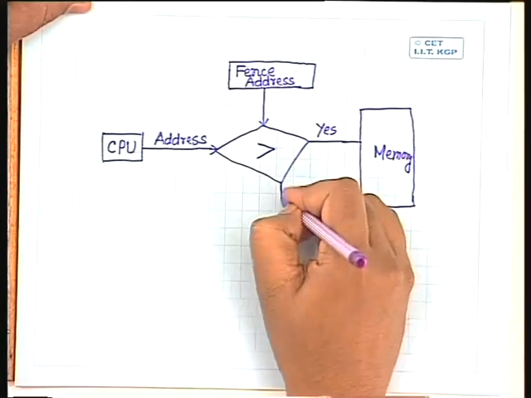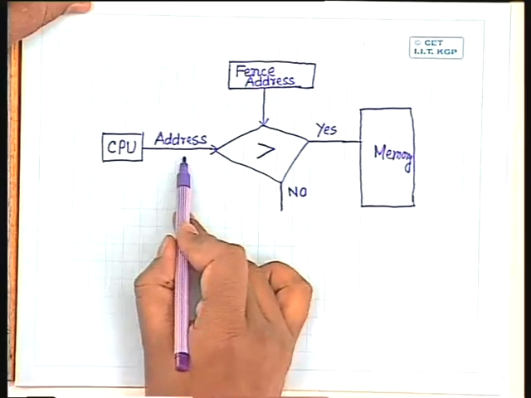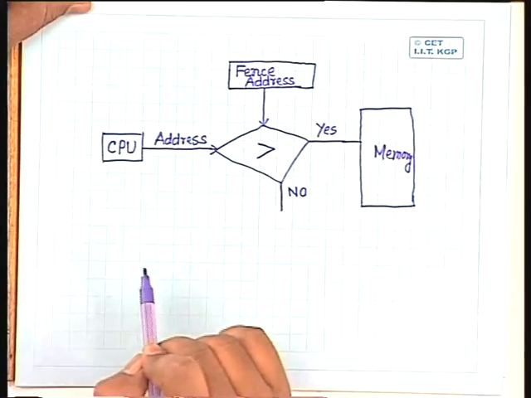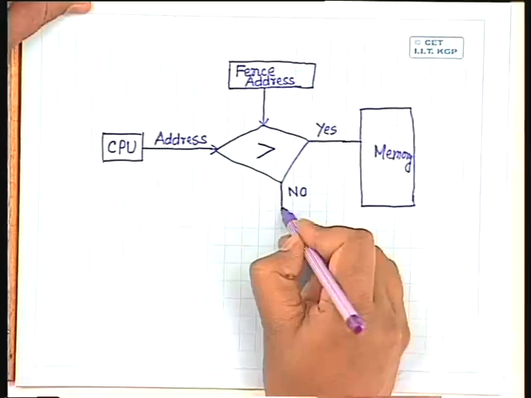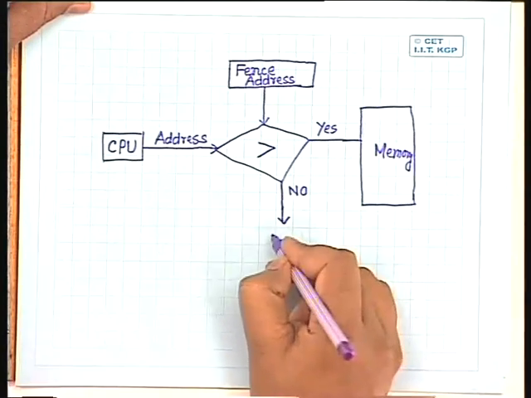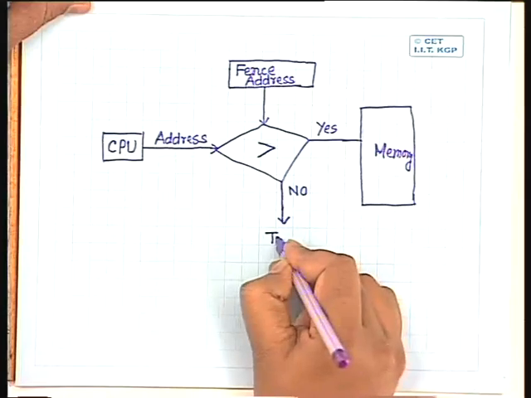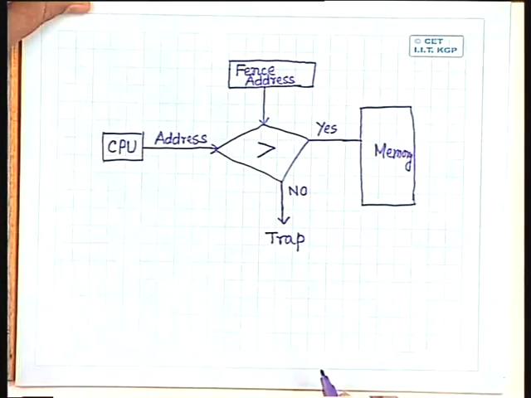If it is less than or equal to the fence address, that is, the address is not greater than the fence address, then obviously I know that the user program is trying to access the monitor part of the memory, which is not permitted. So in that case some interrupt is to be generated, and let us call this interrupt a trap.